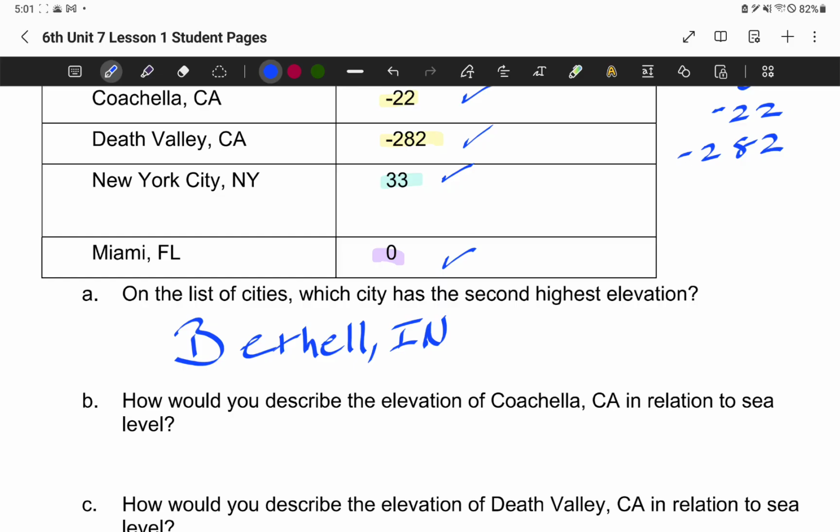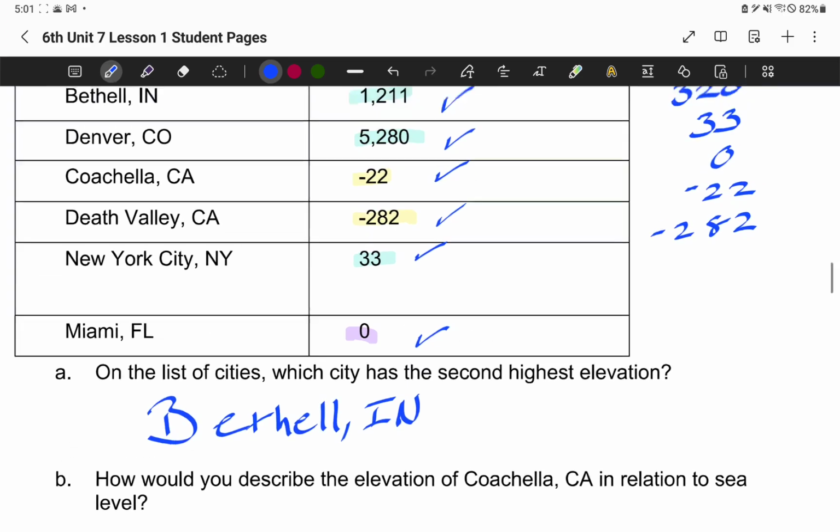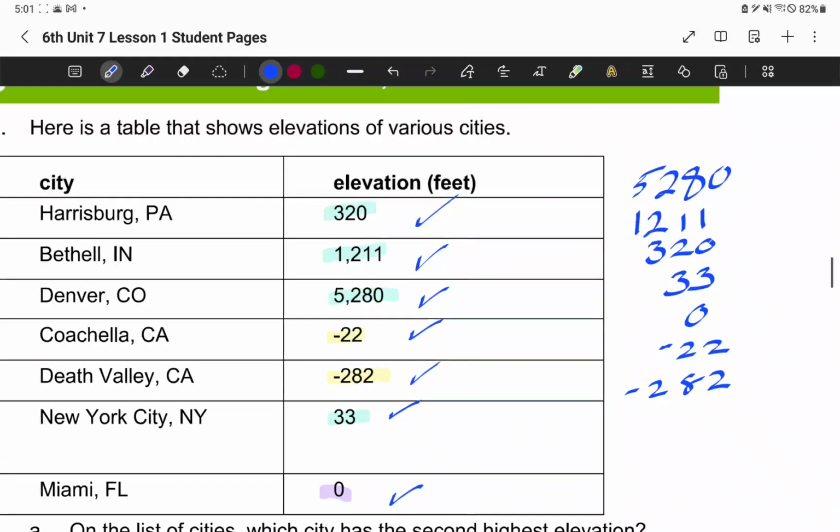Well, again, we're looking at these positive and negative numbers. And so for Coachella, since it's negative 22, is it above sea level or below sea level?